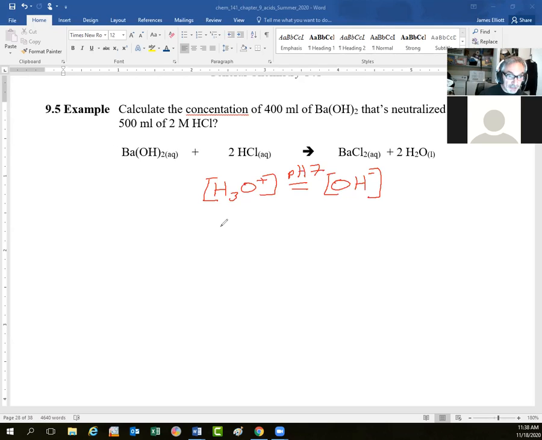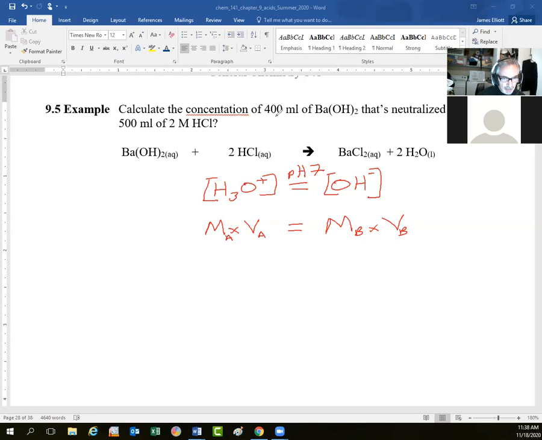And we calculate the moles by taking the molarity times the volume. So molarity of the acid times the volume of the acid will be equal to the number of moles of acid. Likewise, the molarity of the base multiplied by the volume of the base will be equal to the number of moles of base. And they should be equal to each other at pH 7.